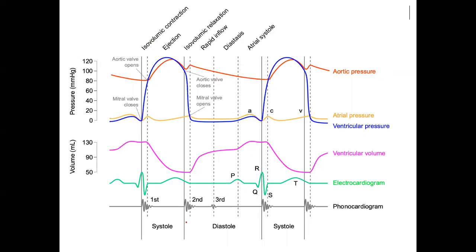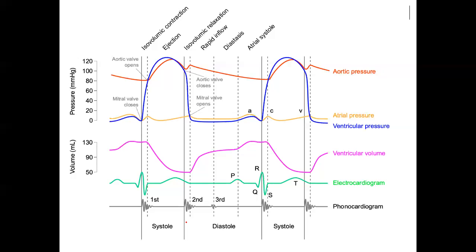So, what's going on in the body with each one of these waveforms? We're looking at the ventricle and the aorta. The blue is the ventricular pressure, and the yellow is the atrial pressure.